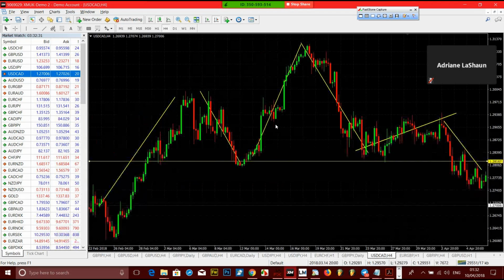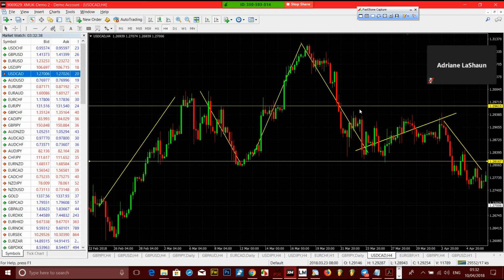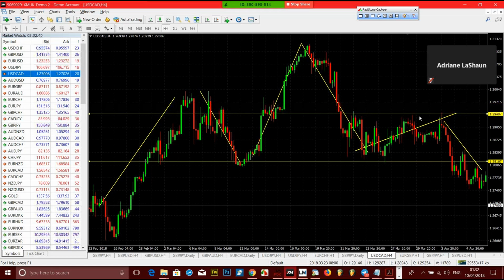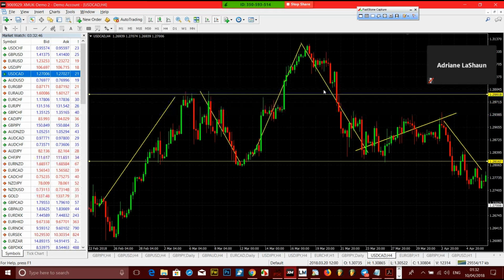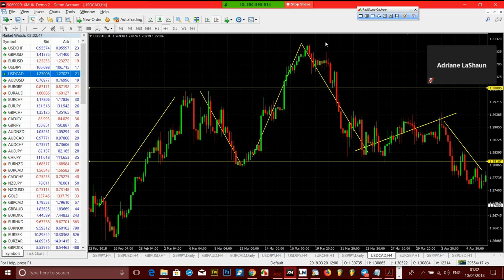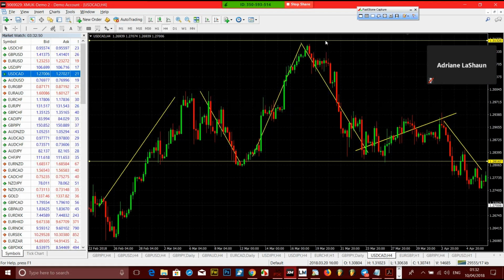Now, this is where your stop loss should be if you wanted to take this trade, either at this previous high. The challenge with this one is that this shoulder and this shoulder are not in alignment. So you may put it here, or here, or here. You have three options. But you need to weigh the pros and cons in terms of how much you're trying to get for that much stop loss.